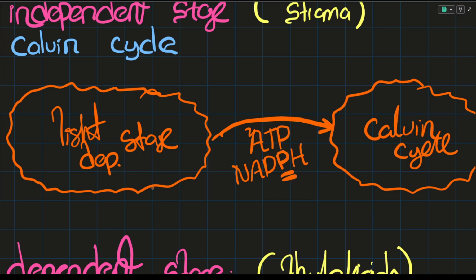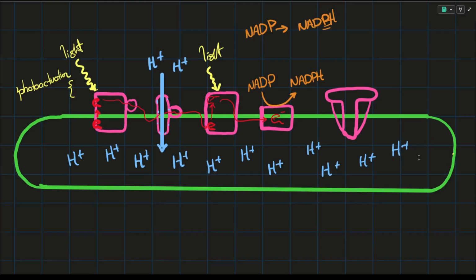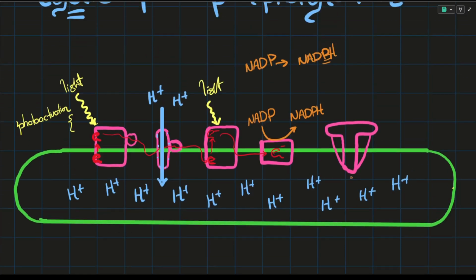So from the light dependent stage onwards to the Calvin cycle, we're taking ATP as well as NADPH. This protein is capable of reducing NADP and forming NADPH, which is the reduced form of NADP.